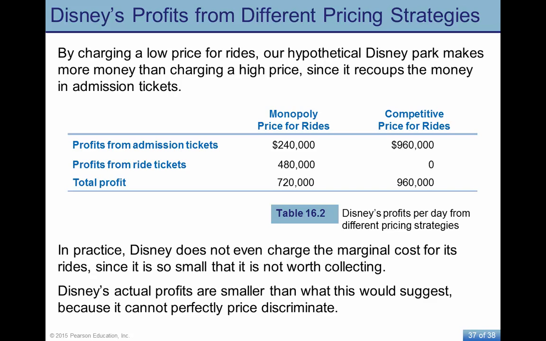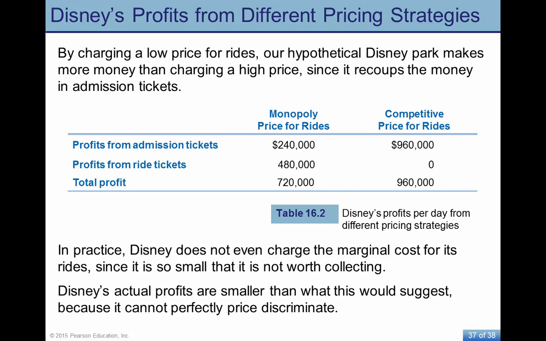Disney profits from different pricing strategies. By charging a low price for rides, our hypothetical Disney park makes more money than charging a high price, since it recoups the money in the admission tickets.